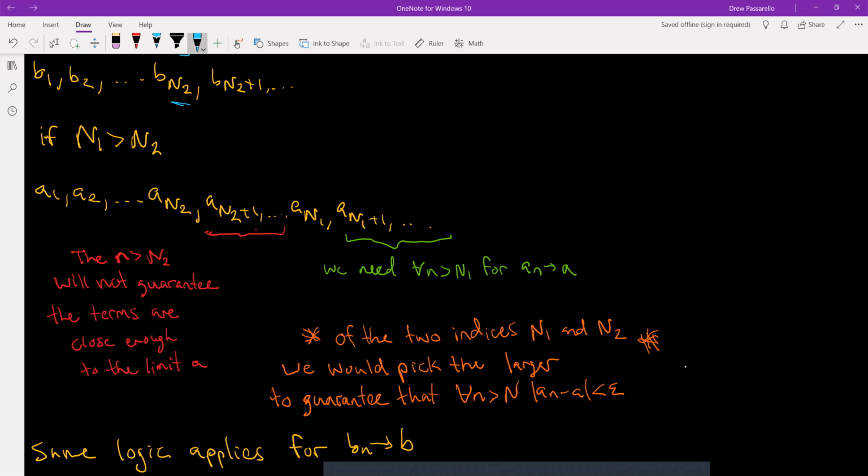Now we know for the a's that we need all of the indices n bigger than capital N1 to guarantee that the sequence converges to a.